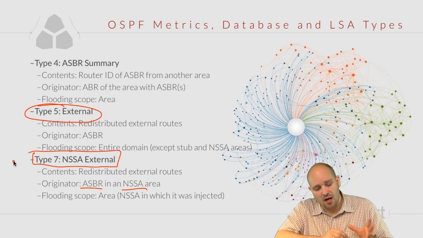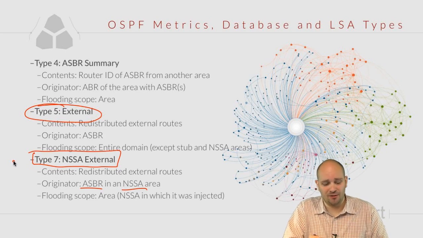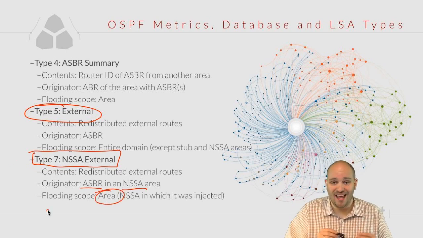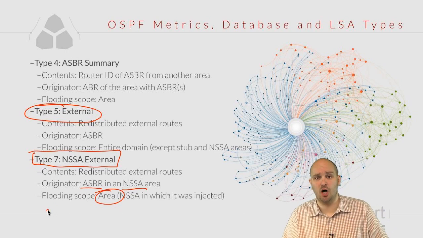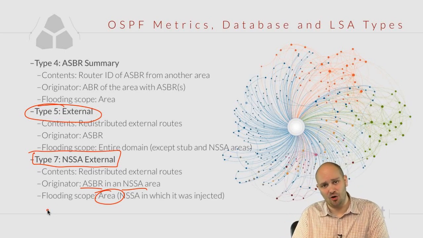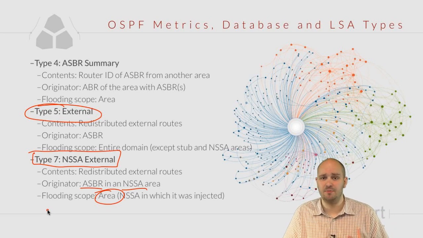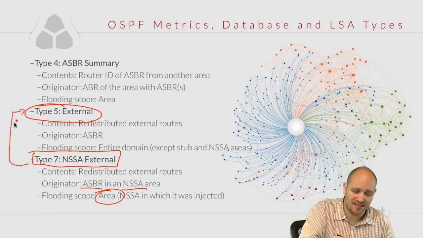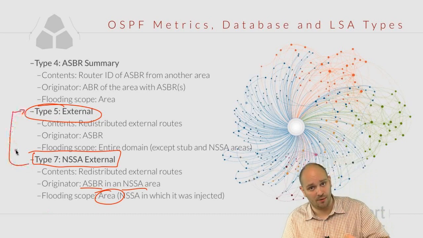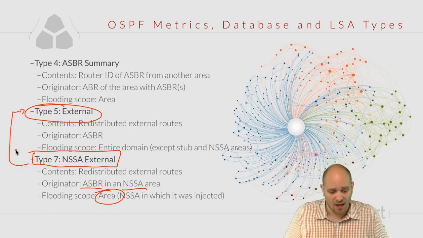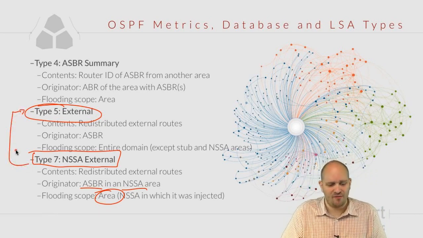So when they are sent throughout the network with the flooding scope of an area, one of the ABRs that sits between the NSSA area and the rest of the network will actually translate this type 7 into type 5 LSA. And again, I will talk about this when I talk about the inter-area operations in OSPF.